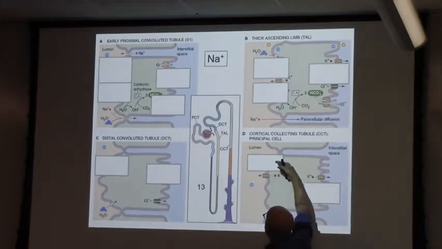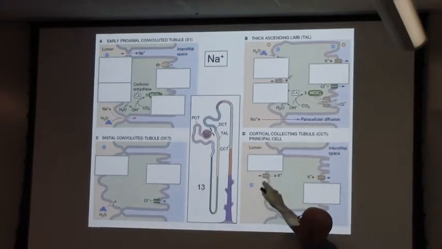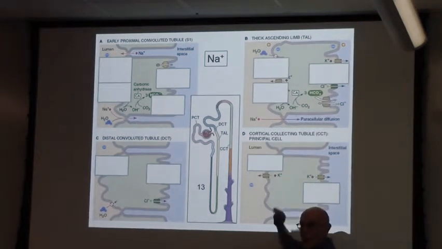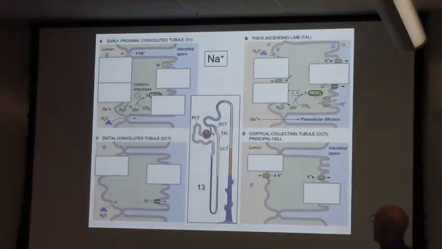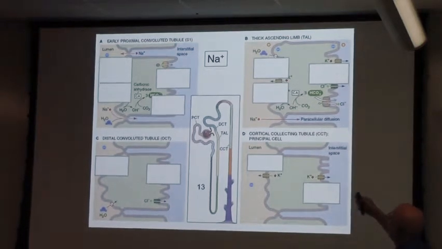And this is that sodium potassium exchange, quote unquote, mechanism that I asked you to refer to in the amiloride question. What goes in this box? Sodium potassium ATPase, which goes in this box, and this box, and this box, and this box.